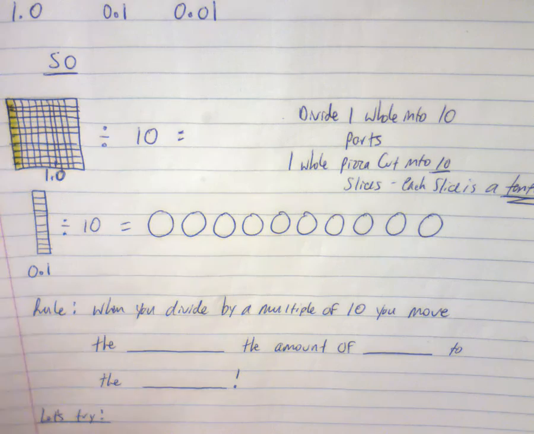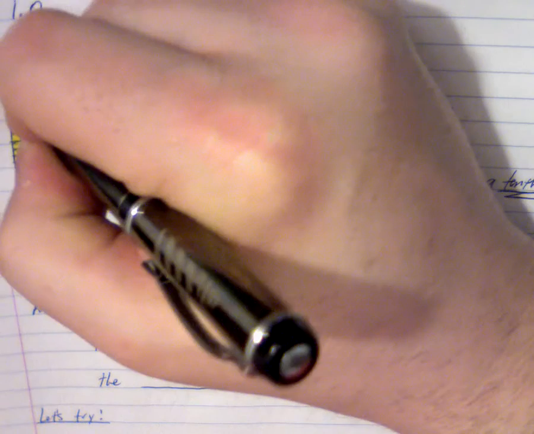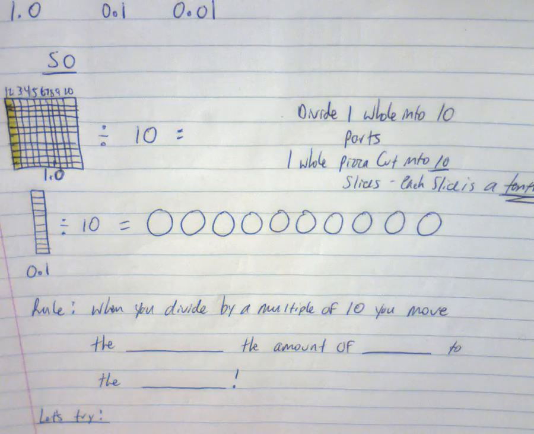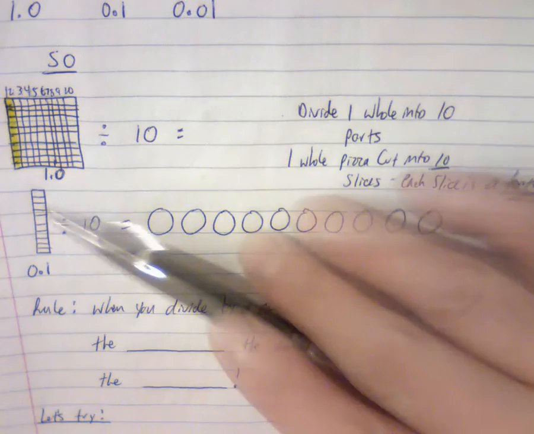Okay, because I've taken a whole and now I've divided it by 10. So I have 1, 2, 3, 4, 5, 6, 7, 8, 9, and 10. I've divided it up into separate tenths, or a tenth right here.